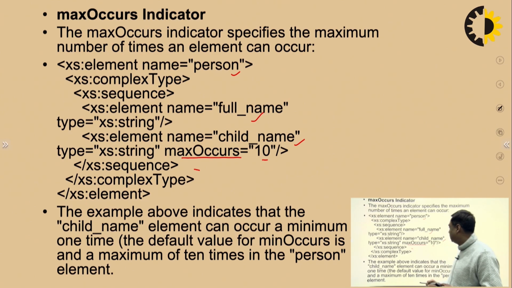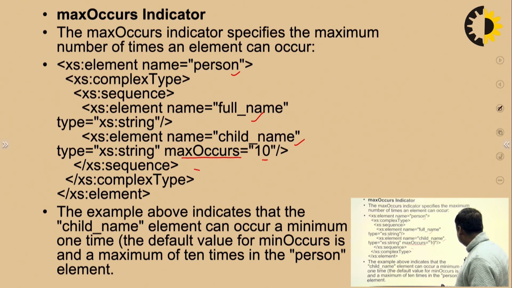Within the person, full name will occur one time, which is the default value, but for child name we have set max occurs equal to 10. So it may occur one time and more than one time also, because the default value of min occurs is 1. This is the way, with the help of max occurs, we can increase the occurrence of an element.